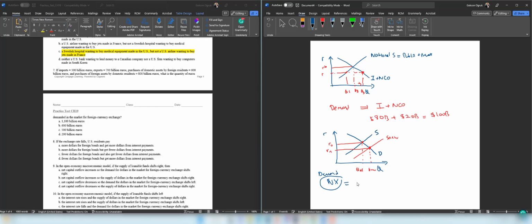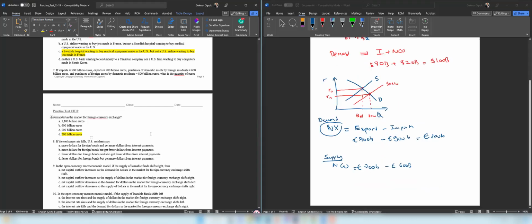So therefore, we need to find exports minus imports. Exports minus imports is 700 billion euros minus 500 billion euros for the imports, which is going to be 200 billion euros.